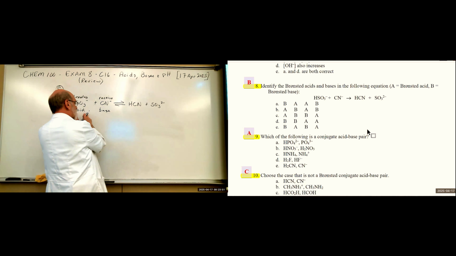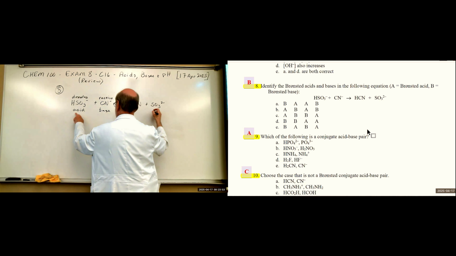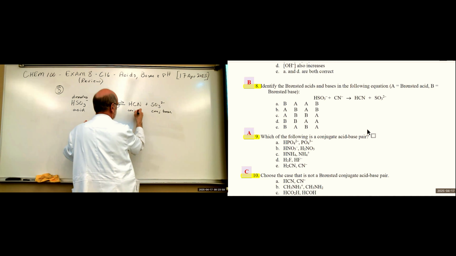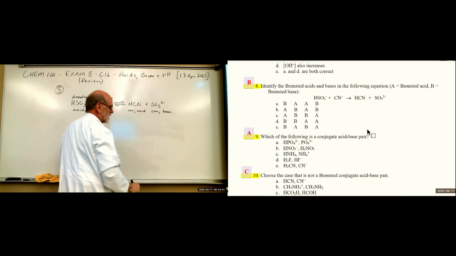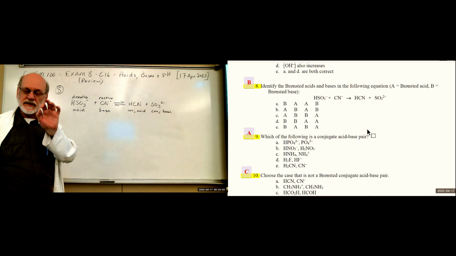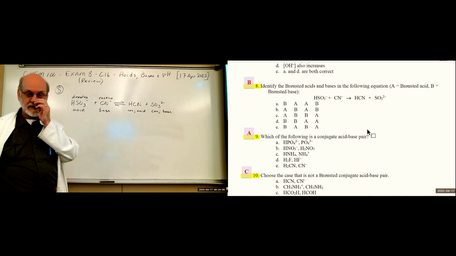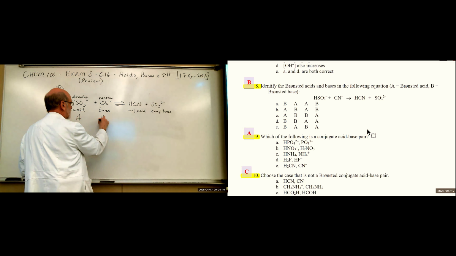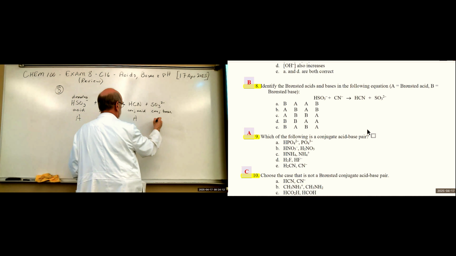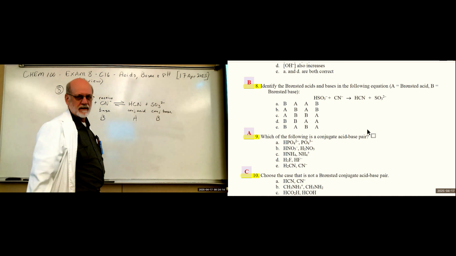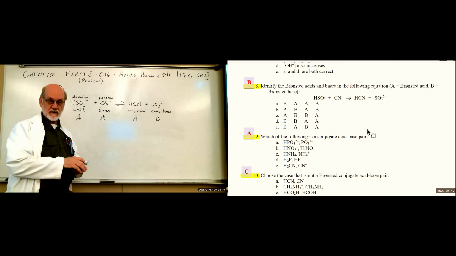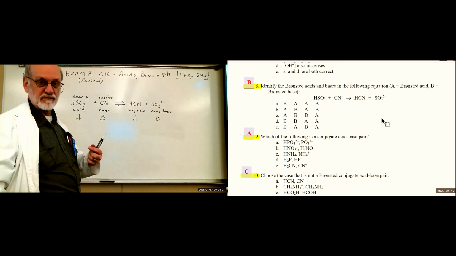Okay, so now this is the conjugate base, and this is the conjugate acid. So using the symbols that the problem gives you, this would be A, this would be B, this would be A, and this would be B. All right, so AB is the answer, which is option B.